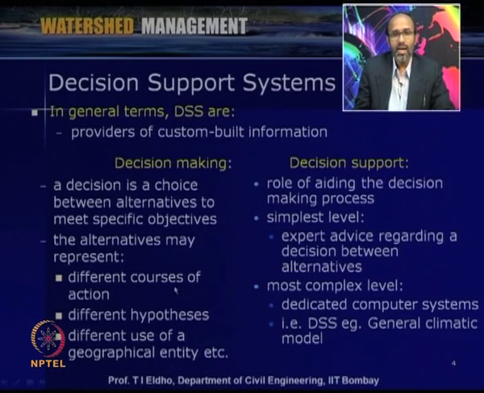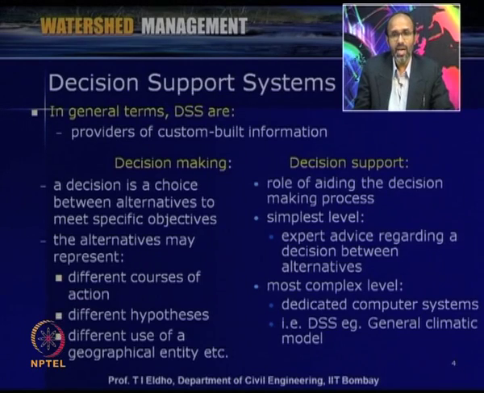And then as far as the decision is concerned, or the various choices which we make, different hypotheses can be used, and a different use of a geographical entity, all these are possible in decision making. Now coming back to decision support, decision support means it can be a model or any other system which supports the decision maker to make the decision.